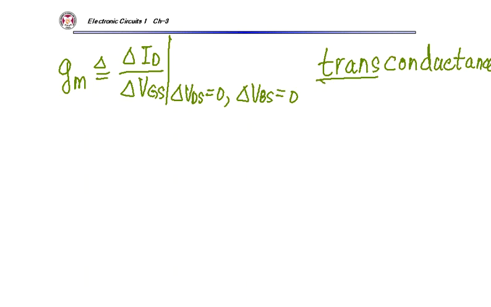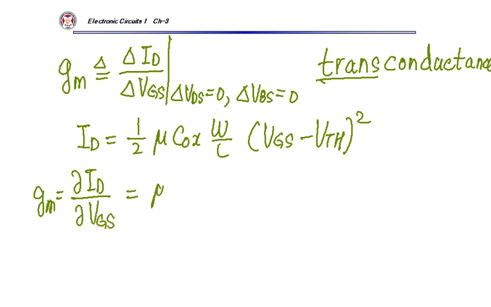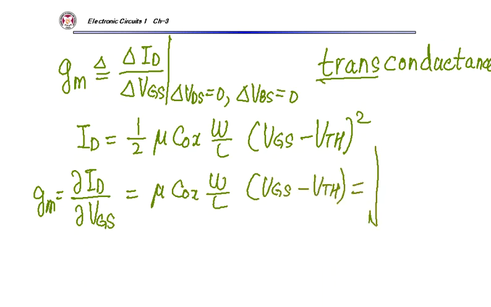Okay. So in a saturation current equation, this partial derivative, yeah, you can see this is nothing but gm.